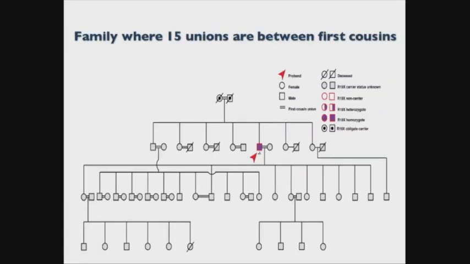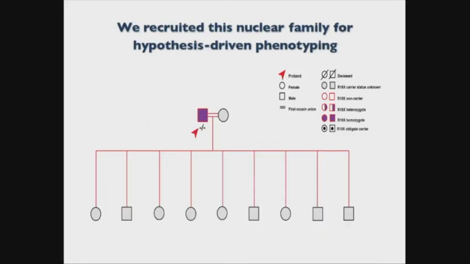Here's the larger family for one of the probands, and amazingly there are 15 unions in this family between first cousins. We ended up focusing on one of the probands who was homozygous null to do a deeper investigation of this family. We recruited this nuclear family for hypothesis-driven phenotyping related to apolipoprotein C3 function.